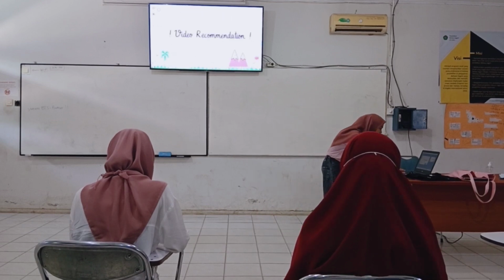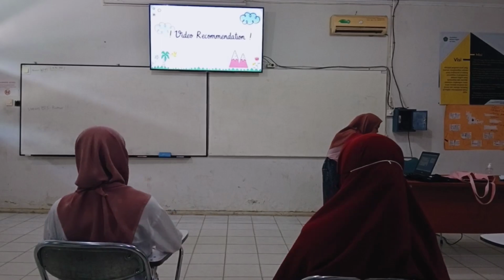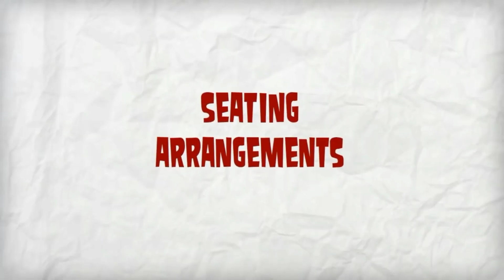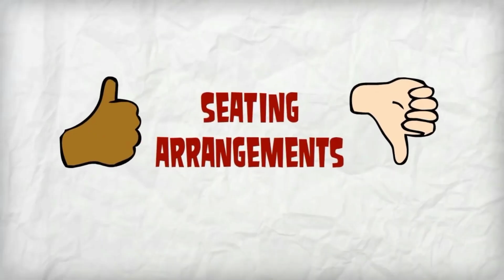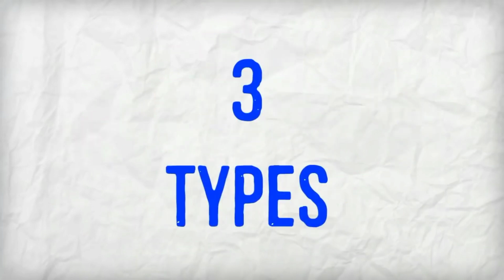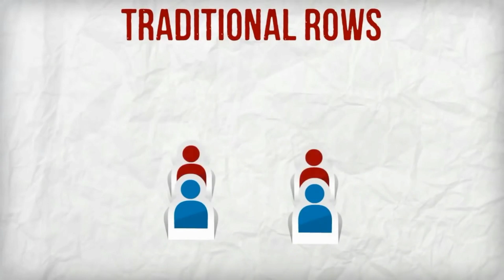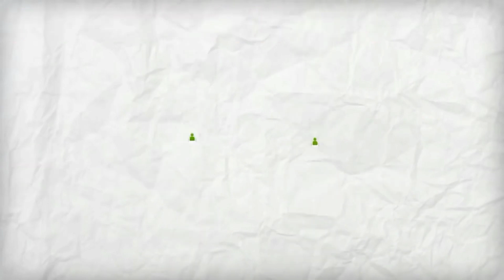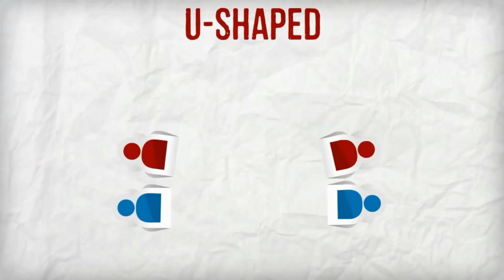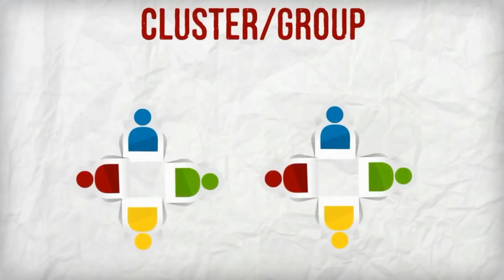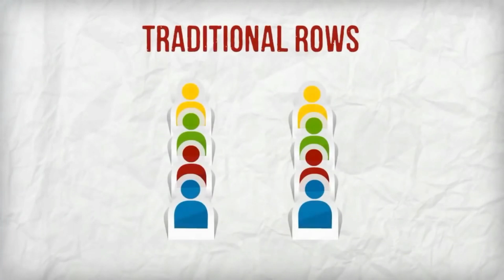Okay, next I have a video recommendation. Today, we're going to talk about seating arrangements, as they can help or hinder student learning. There are three types of seating arrangements: traditional rows, U-shape, cluster or grouping. Traditional rows.